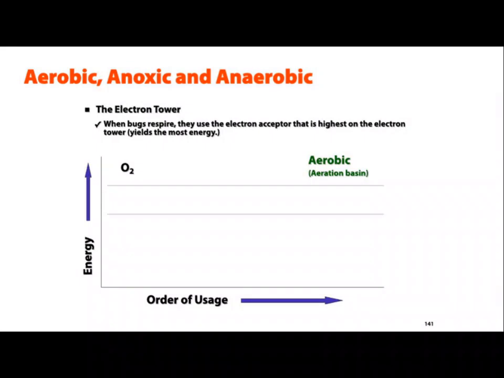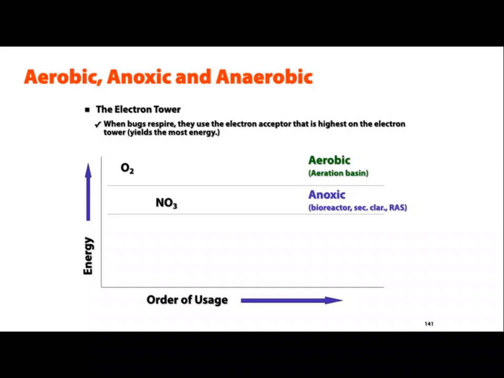Now, this is what's called the electron tower, and it's really a way of expressing the energy that's yielded to the biology, depending on what they use as the final electron acceptor in their metabolic electron transport chain. So oxygen sits at the highest point. If you can oxidize something with oxygen, it delivers the most energy, so that is the most desirable thing to do. Bugs will do what rewards them most.